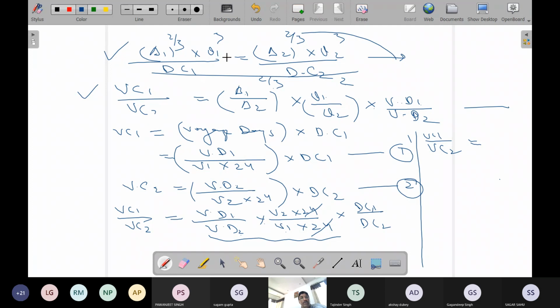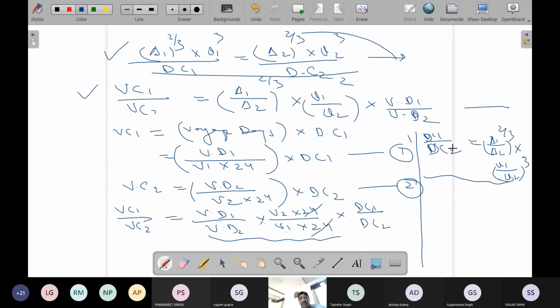DC1 by DC2 from here I can write as delta 1 by delta 2 raised to power 2 by 3 into V1 by V2 cube. Sorry, I have written DC1 by DC2 from this equation as delta 1 by delta 2 raised to power 2 by 3 into V1 by V2 cube.